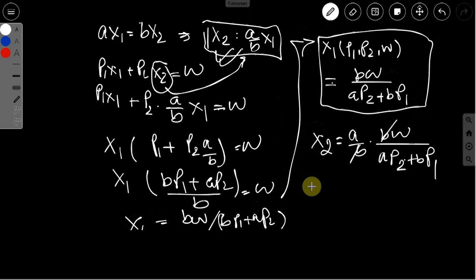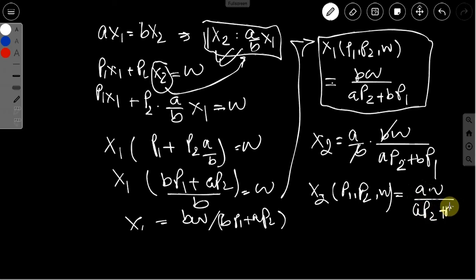So b gets cancelled, and the Marshallian demand function for x2, which is a function of P1, P2, and w, can be expressed as aw over aP2 plus bP1. So this is the Marshallian demand function for the second commodity.